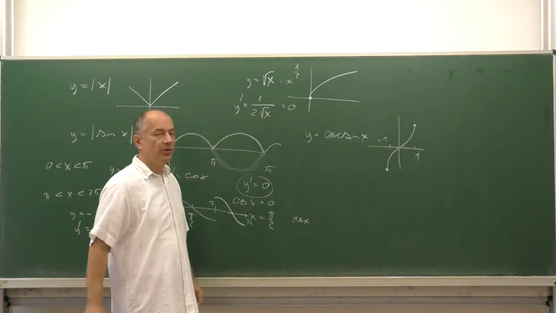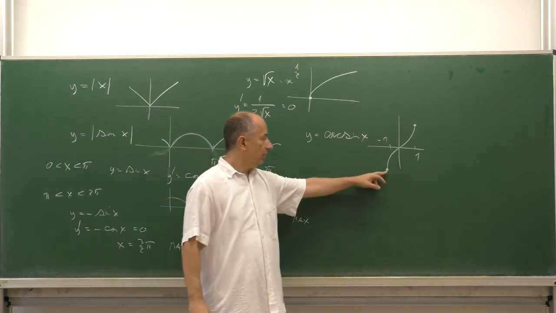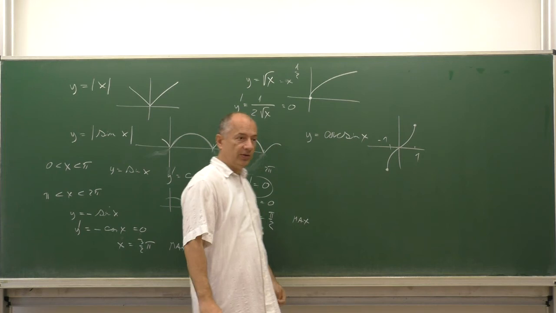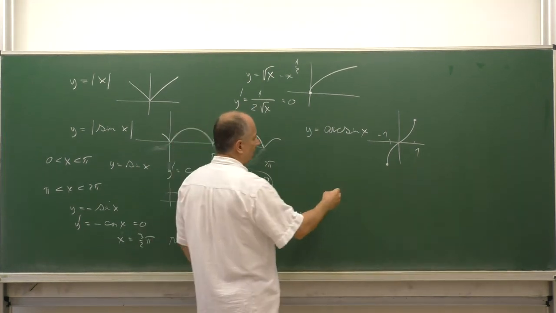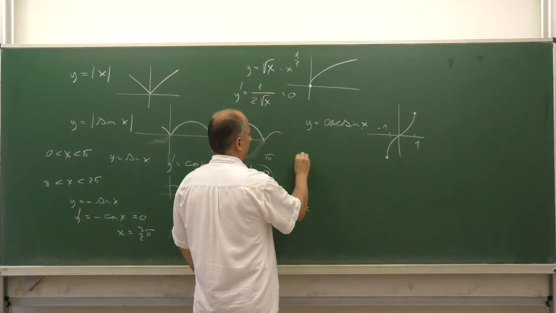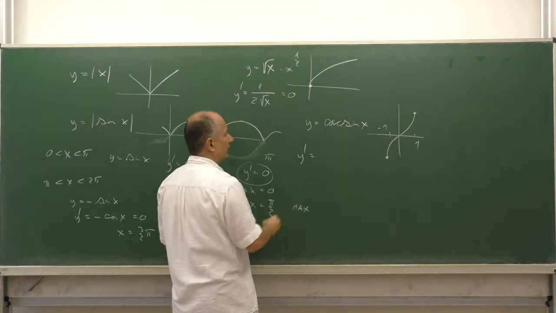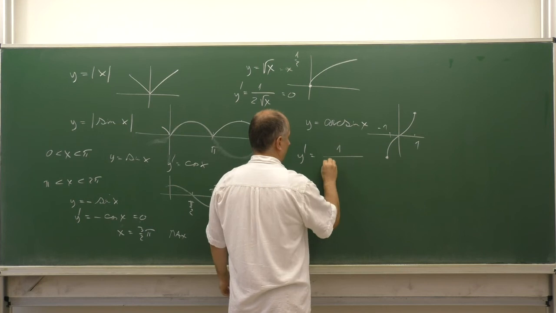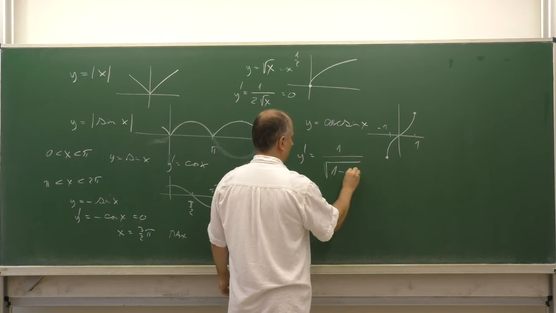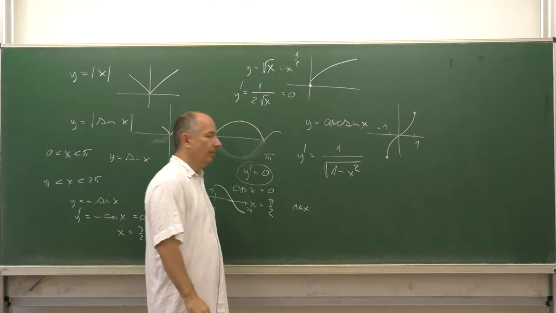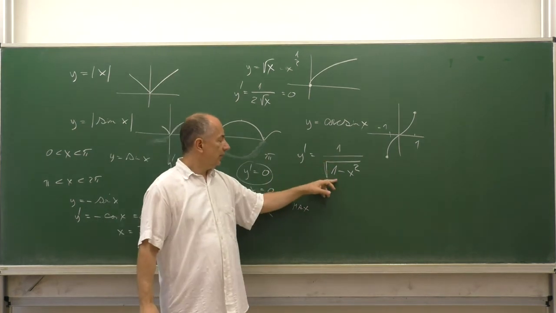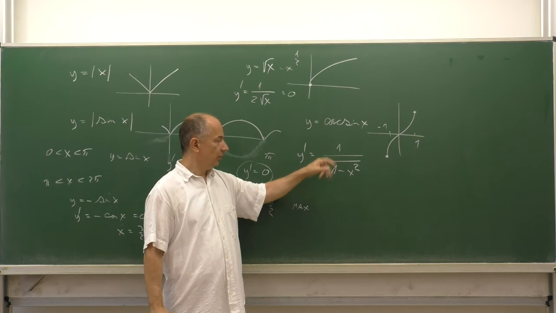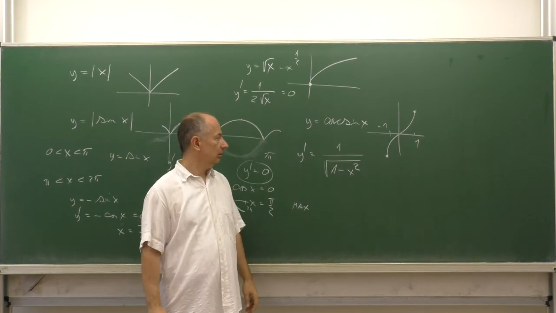Yeah, from the graph we see that at -1 we have a minimum, at +1 we have a maximum. Just to write the derivative, you know that the derivative of arc sine is 1 over square root of 1 minus x squared. And again, this expression is never equal to 0 because this is a fraction with non-zero numerator.